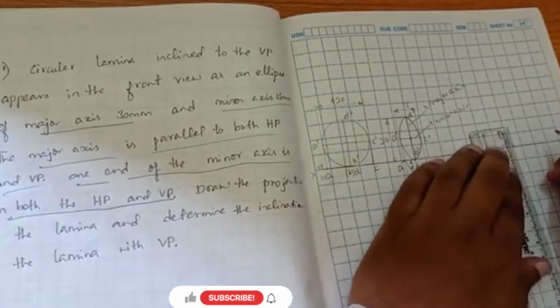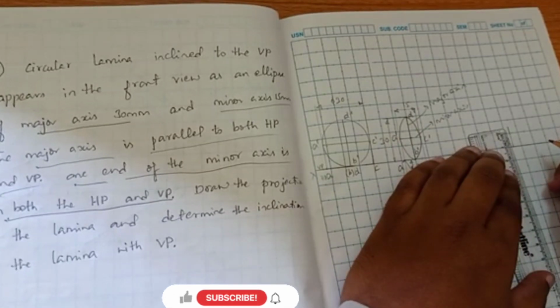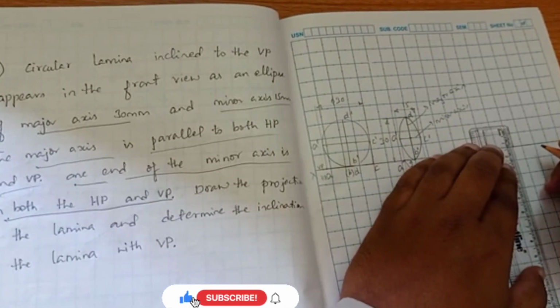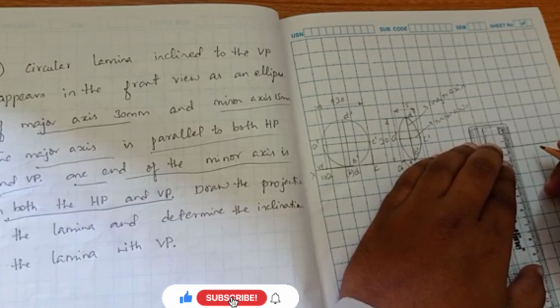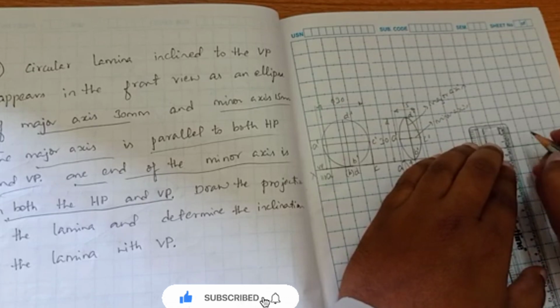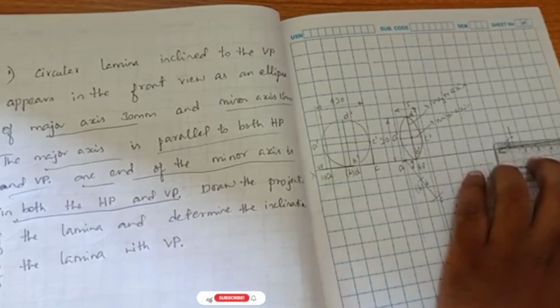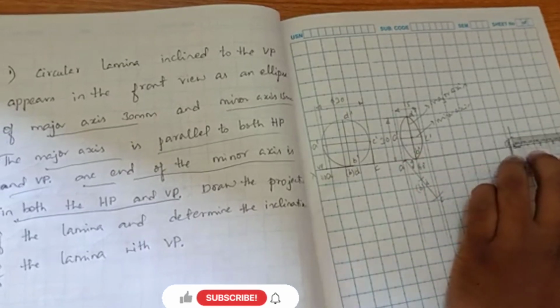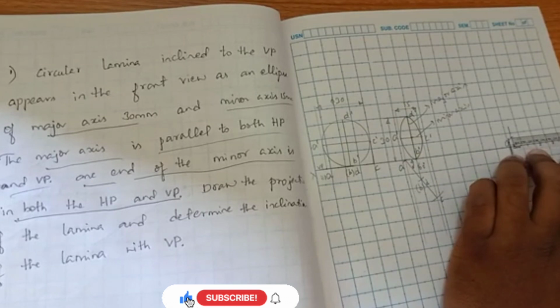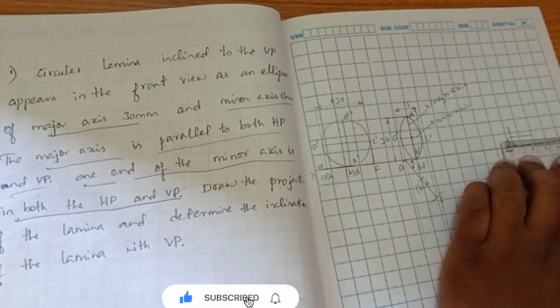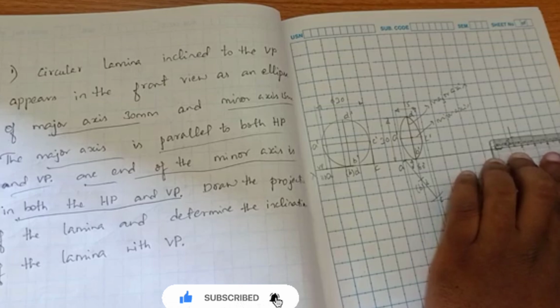Now we have drawn exactly 15 mm. So now I have to consider exactly half of it, that is 7.5. So I marked 7.5. Now from this exactly 7.5 we have to mark 15 mm this side to construct a major axis, right?